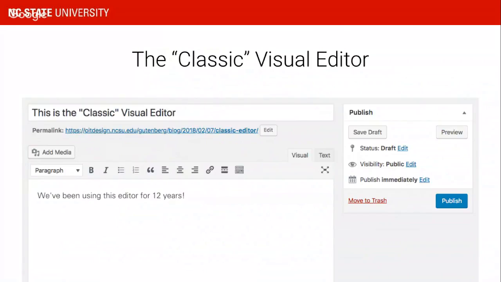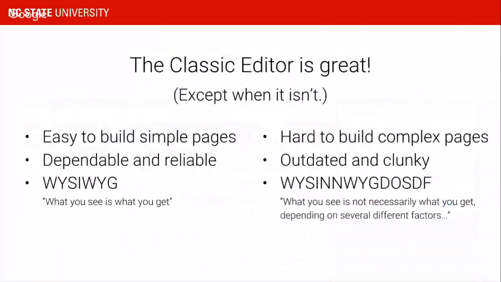I like the classic editor a lot. I think there's a lot that it does really well, but I also think it's terrible sometimes. So what's great about the classic editor is it's really easy to build simple pages. It's this dependable, reliable piece of software, and sometimes it does a really good job of WYSIWYG. What you see is what you get. The classic editor also really lets us down when we're trying to build complex pages, multi-column layouts, and things like that.